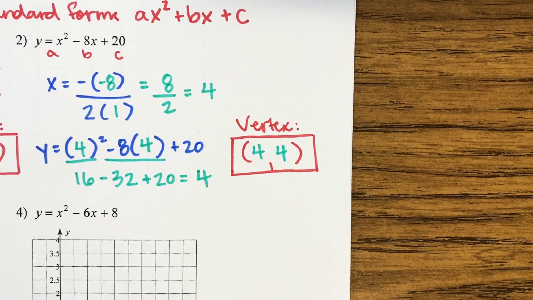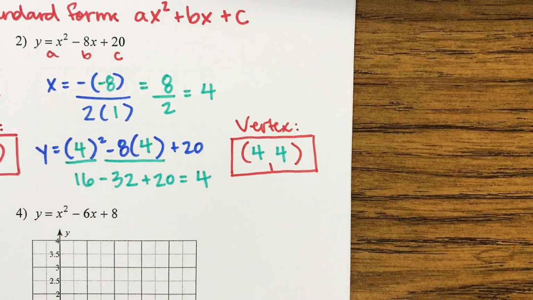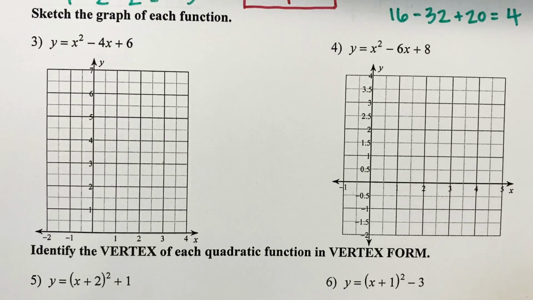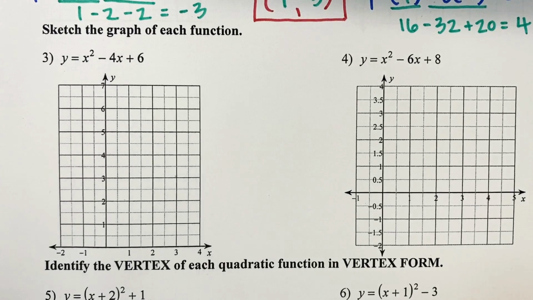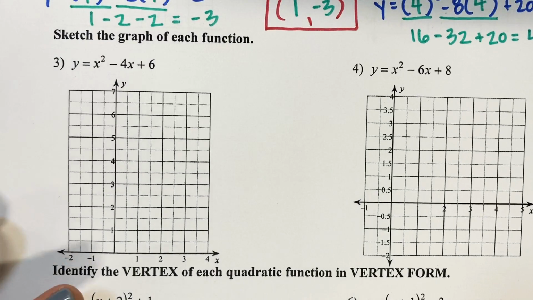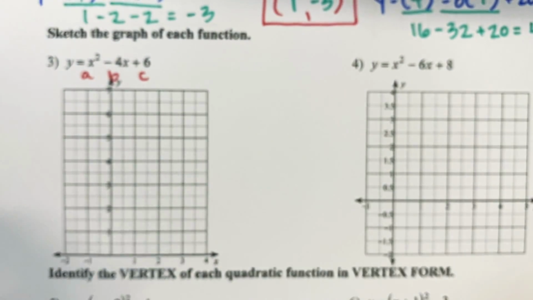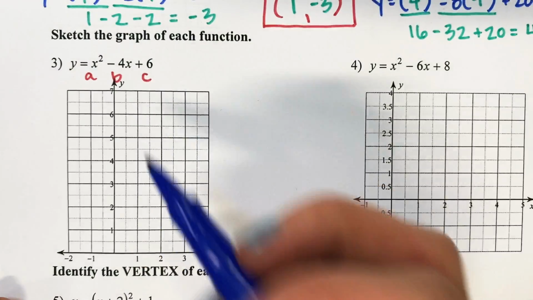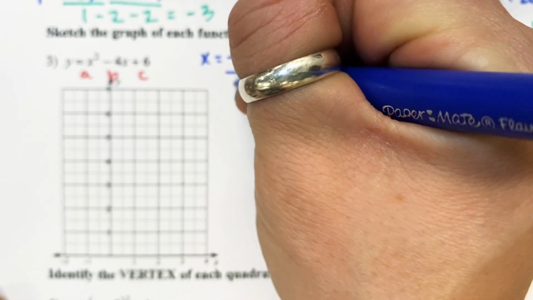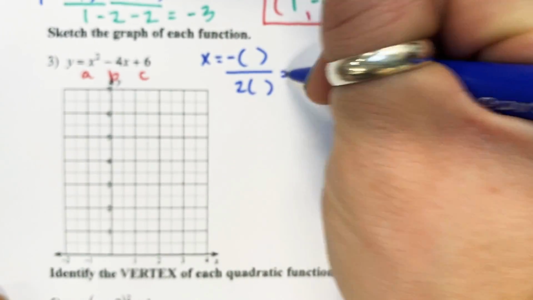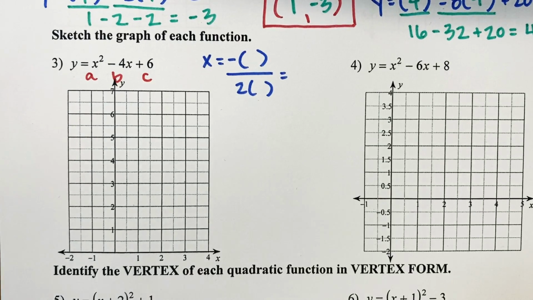Okay, awesome. So let's go ahead and do the same thing on 3 and 4, except we're going to graph them after we find the vertex. Okay, so I have my A, B, and C. Plug it into my mini formula: X is equal to negative B over 2 times A. Okay, my B is on top.